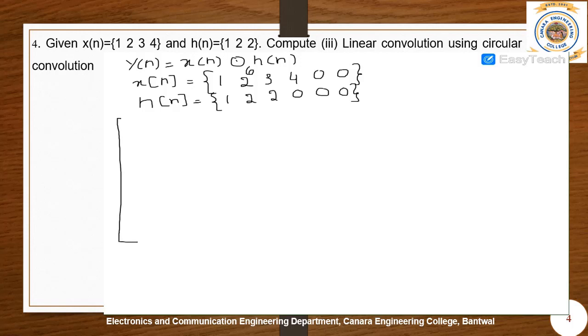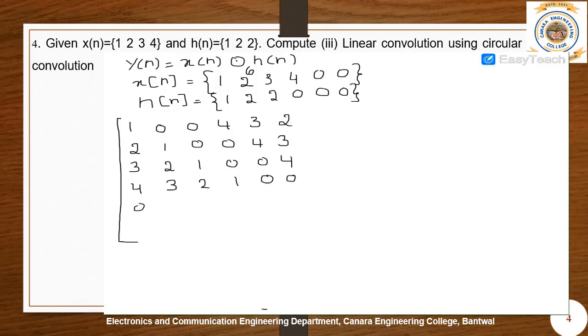So we have the matrix 1, 0, 0, 4, 3, 2; 2, 1, 0, 0, 4, 3; 3, 2, 1, 0, 0, 4; 4, 3, 2, 1, 0, 0; 0, 4, 3, 2, 1, 0; 0, 0, 4, 3, 2, 1.